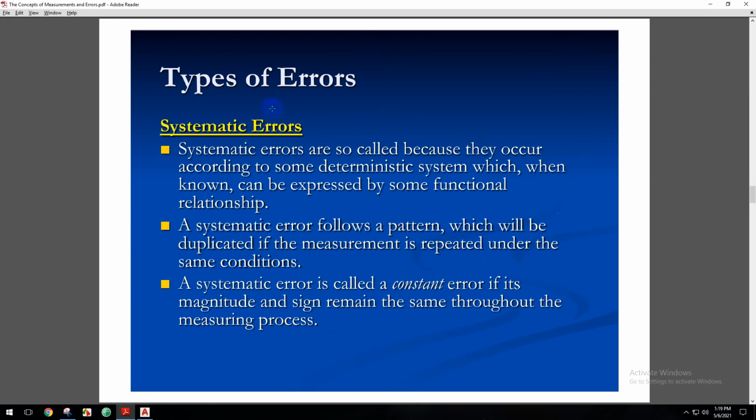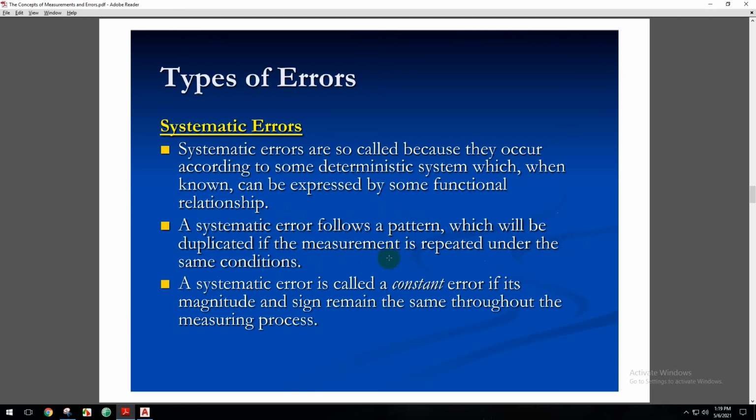Next nga type of error is gitawag og systematic errors. So, systematic errors are so called because they occur according to some deterministic system which, when known, can be expressed by some functional relationships. So, unsa may pasabot ani? Kaning number 2, a systematic error follows a pattern which will be duplicated if the measurement is repeated under the same condition.